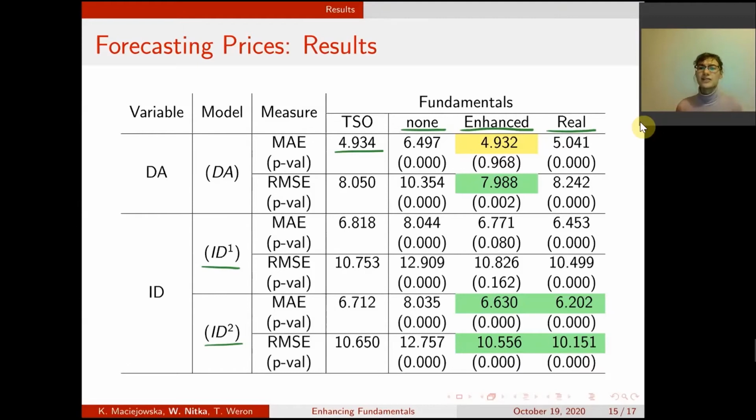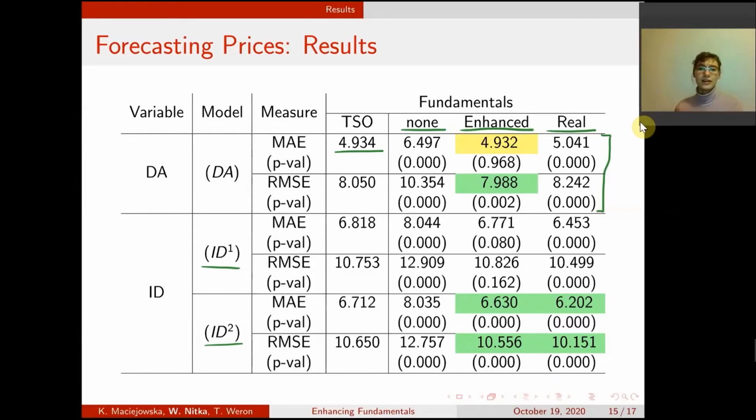However, there is quite a surprising outcome when it comes to the day-ahead market, because the improvement with using the enhanced forecasts is barely there. It's not even statistically significant in terms of mean absolute error, while taking the real values of the forecasts leads to even worse predictions than taking just the system forecasts.